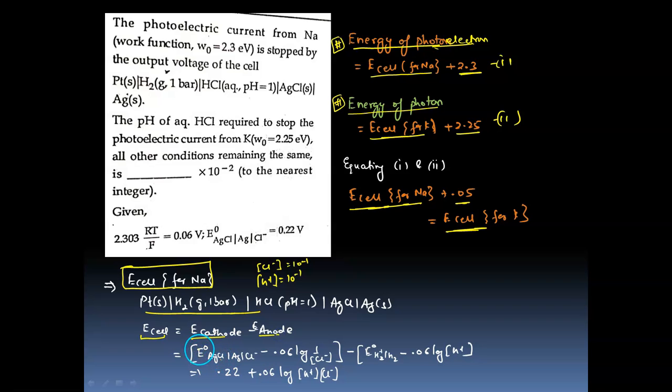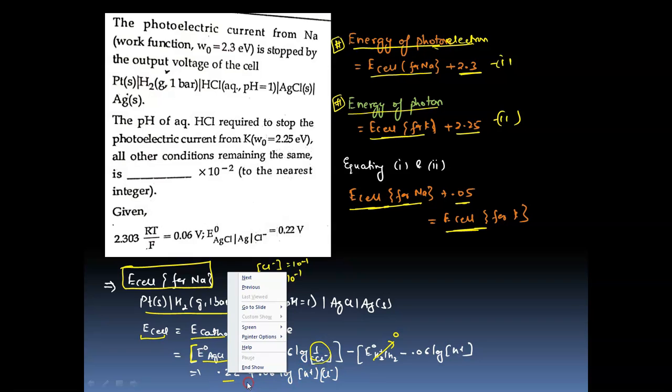Okay. For the cathode, which is this metal insoluble salt anion, this is the standard EMF, which is given as 0.22 minus 0.06 log 1 by Cl minus. The standard hydrogen electrode is 0 minus 0.06. So we can see this negative of negative becomes positive, and this goes in the numerator, it becomes positive. So it is basically 0.33 plus 0.06 log H plus into Cl minus, right?